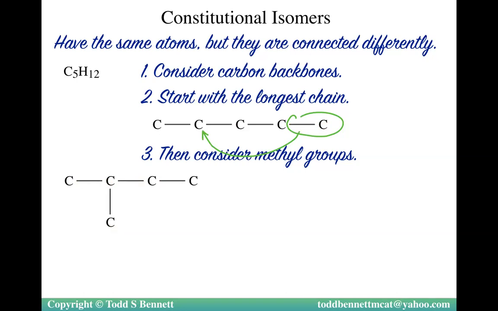Let me fill in the H's here, just to make sure I'm doing it right: 1, 2, 3, 4, 5, 6, 7, 8, 9, 10, 11, 12. So it's the same thing, but I'm not going to worry about the H's. Just like I didn't draw them here, I'm not going to draw them there, and I'm just going to assume the H's are written in.